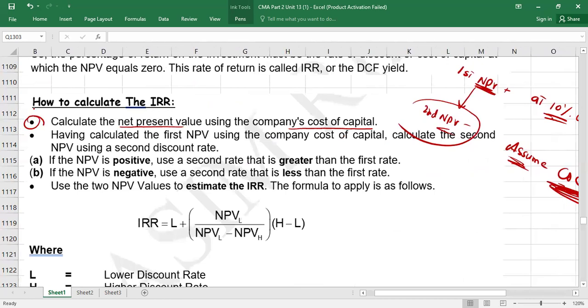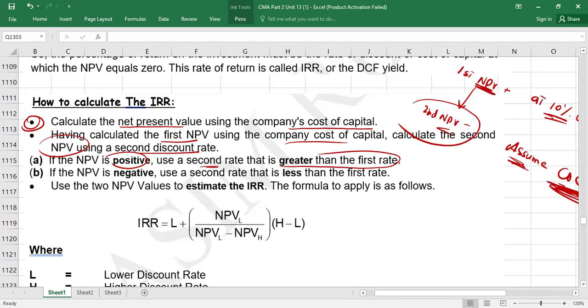So step number one is written what? We will calculate the normal NPV by using the company cost of capital, original cost of capital. And step number two, having calculated the first NPV using the company's cost of capital, calculate the second NPV by using a second discount rate or second cost of capital, and the second cost of capital you can assume. If the first NPV is positive, use a second rate that is greater than the first rate.